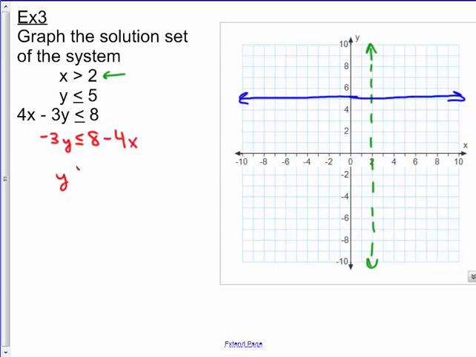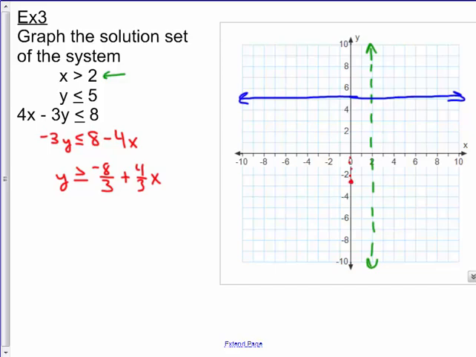So I'm going to move the 4x over. I'm going to divide by negative 3. And of course, when I divide, I have to flip the inequality. I get negative 8/3 plus 4/3 x. I'm going to start at negative 8/3. How many times does 3 go into 8? That goes in 2 times, 2 2/3. So I go down to 2 2/3.